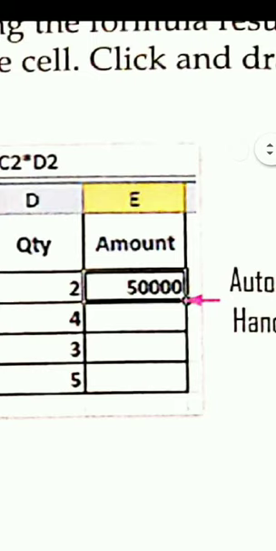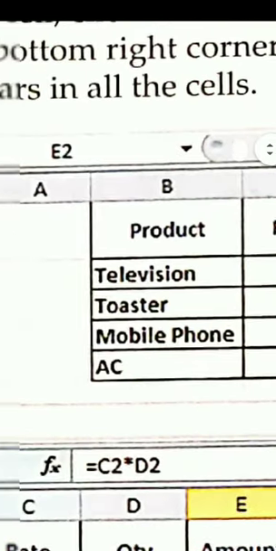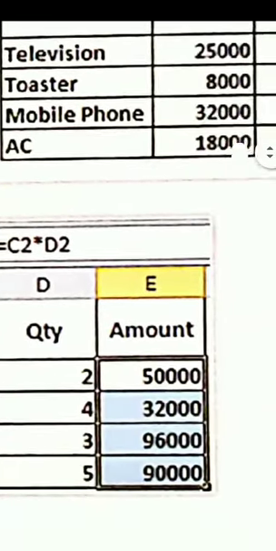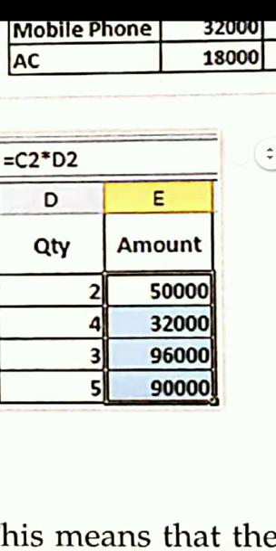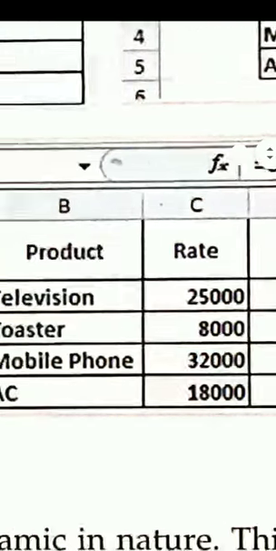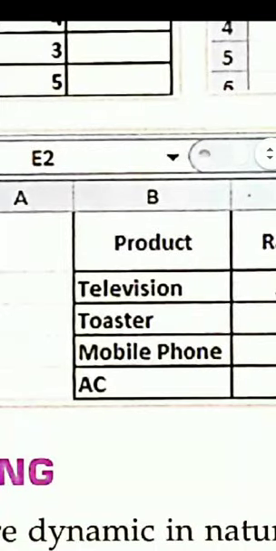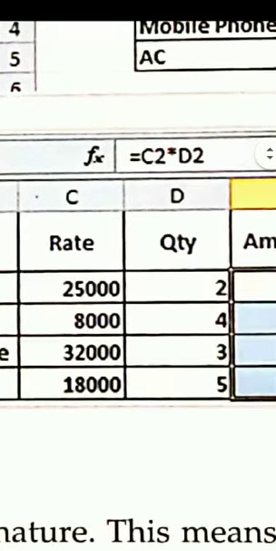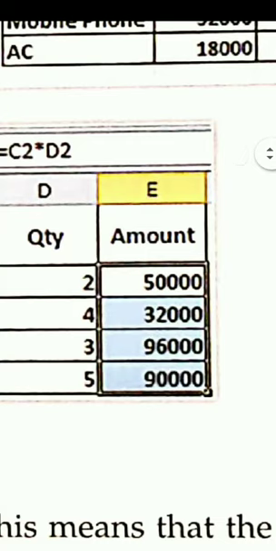All the cells below 50,000, that is column E, will be copied, and after copying you will get this much amount. Here only 4 products are there: television, toaster, mobile phone and AC. So the rest will be copied.